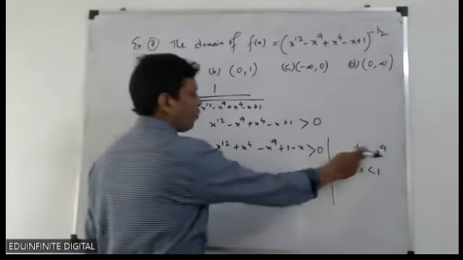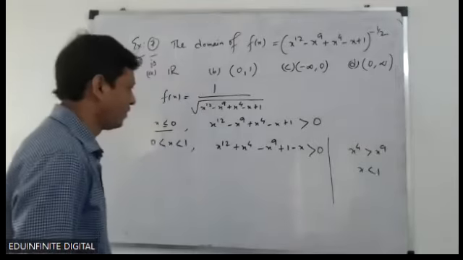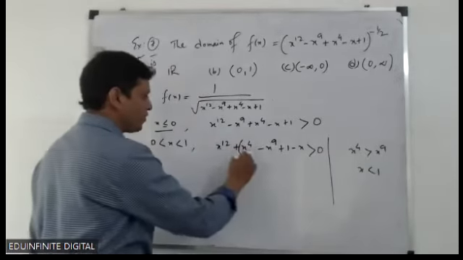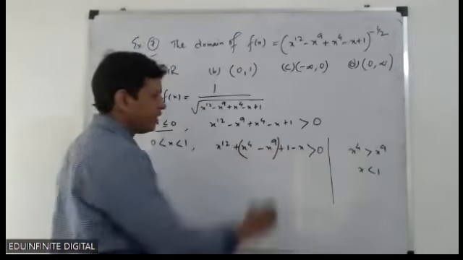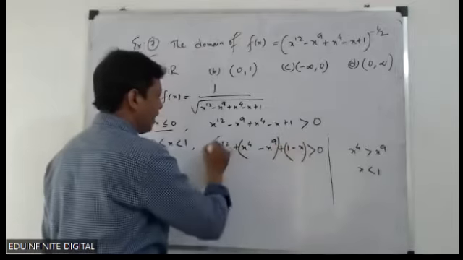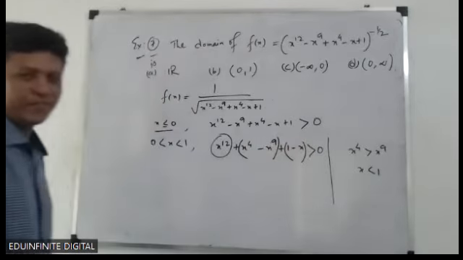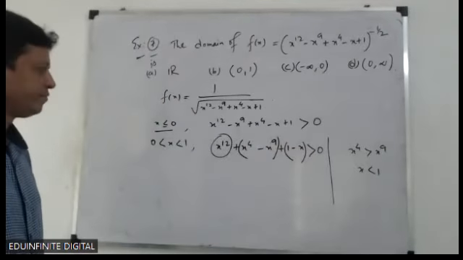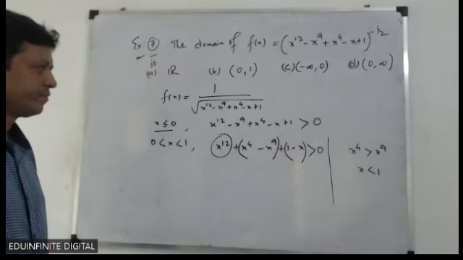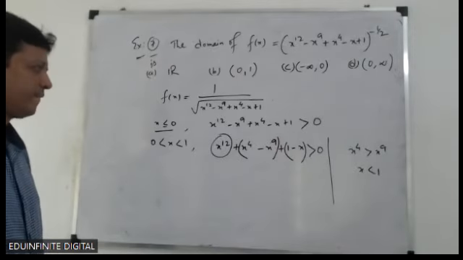So x to the power 4 will be greater than x to the power 9. So this is positive. This is positive. And this is positive. Clear, Ishan? Yes, sir, that's how I did it.